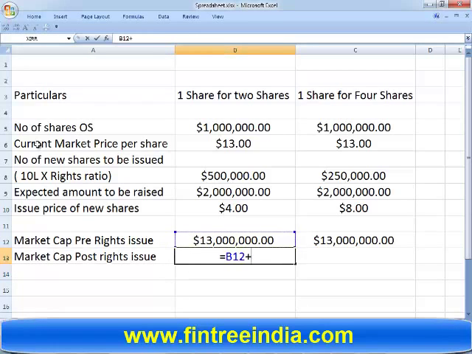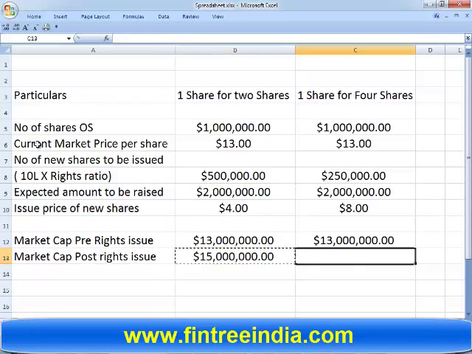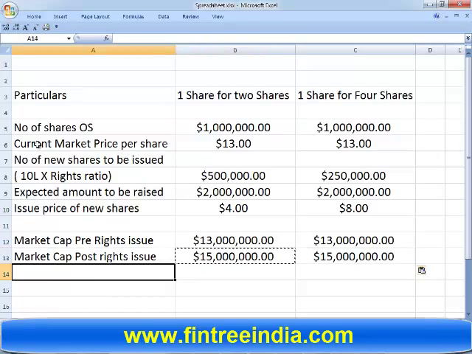Market capitalization post rights issue: 15 and 15.